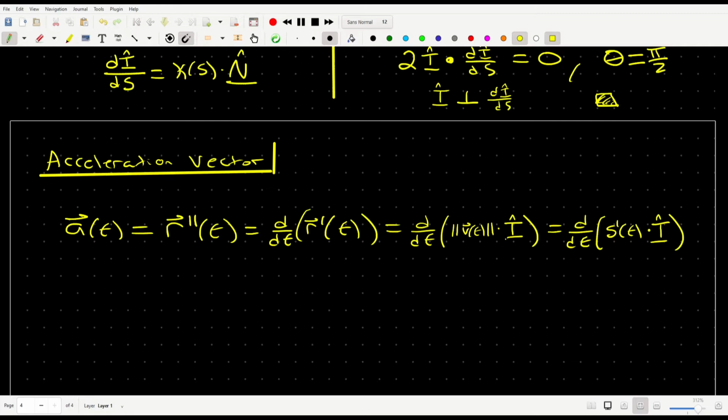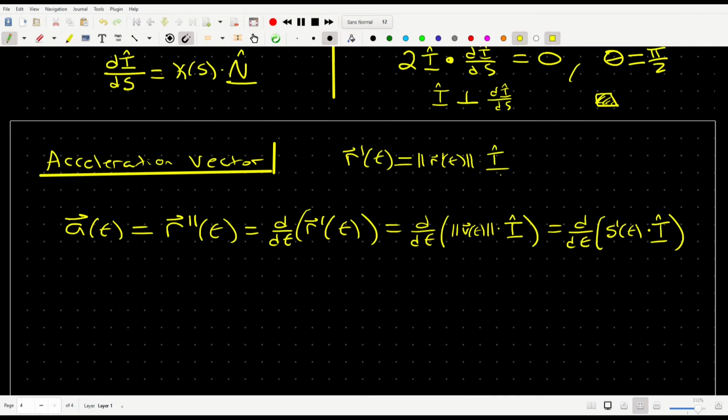Either of these two ways of writing this down works, because remember that the velocity vector r prime of t, or the first derivative of the parametric curve, is the same thing as the magnitude of r prime times the unit tangent vector.